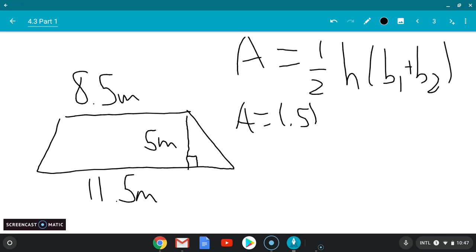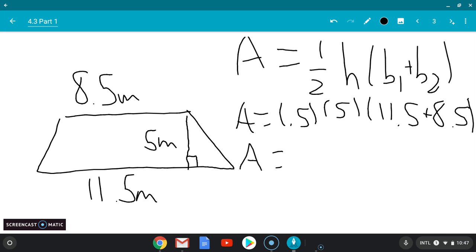So 0.5 instead of 1/2. 0.5, my height is 5, right? Times my base 1, which is 11.5, plus 8.5 for my base 2. Okay, so first thing I'm going to do is what I can in parentheses here, which is 11.5 plus 8.5, all right? That's going to give me 20.